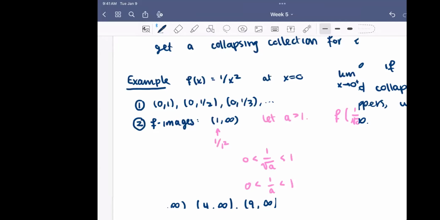Yeah. If you have a removable discontinuity, that number will be in the f image of everything in your collapsing collection. So it won't collapse to a single number, because it'll always be there, even if that number is at 0 exactly, like imagine 0 just maps to 100, but everything else is continuous, then it wouldn't catch that, or maybe.